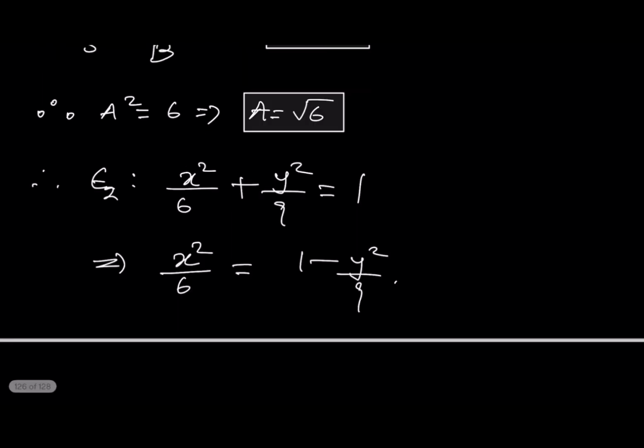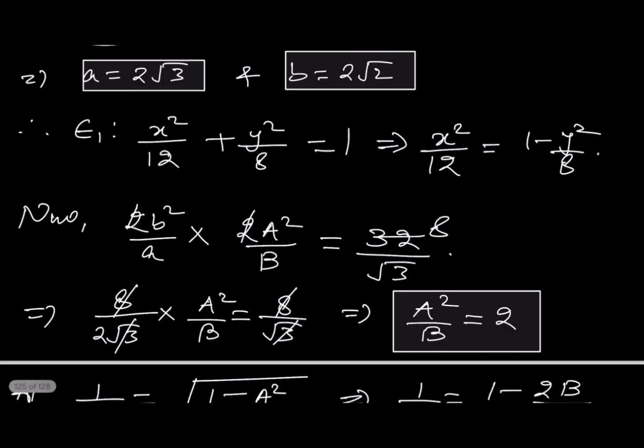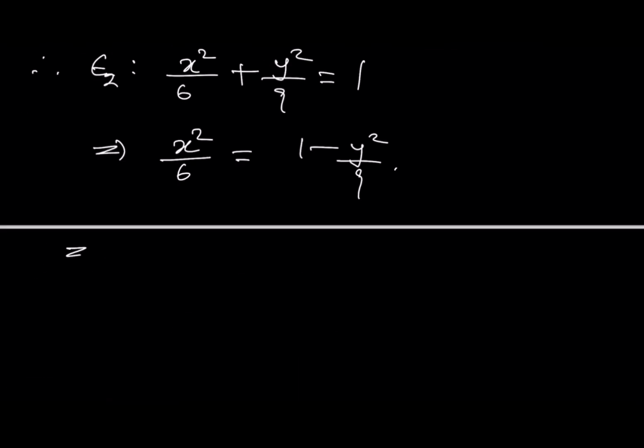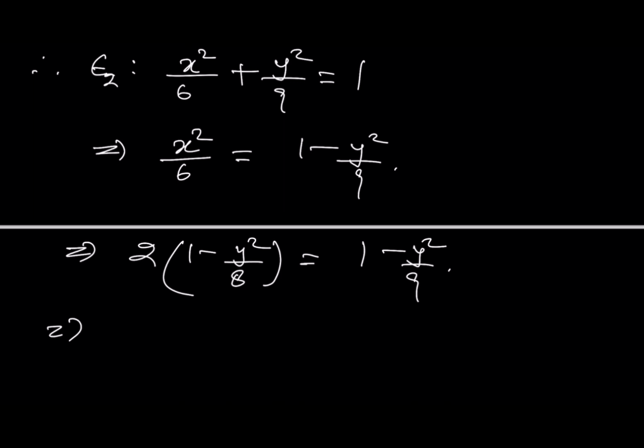So if I put x square by 6 as 2 times 1 minus y square by 8, then 2 times 1 minus y square by 8 is equal to 1 minus y square by 9. So it will become 2 minus 2y square by 8 is equal to 1 minus y square by 9, right?